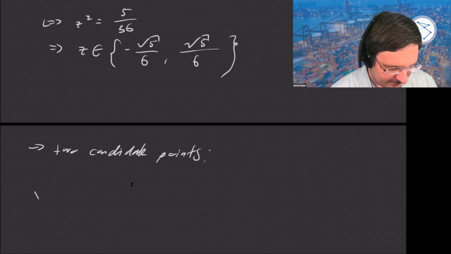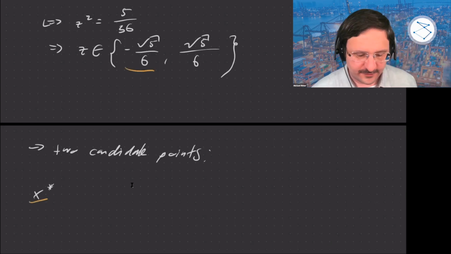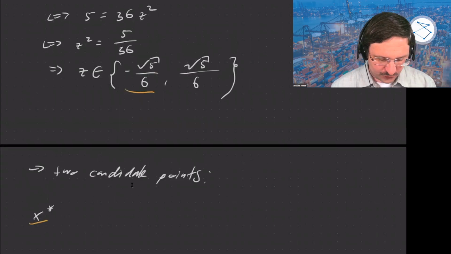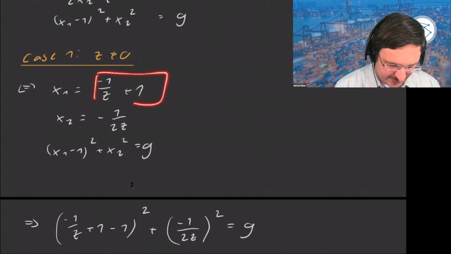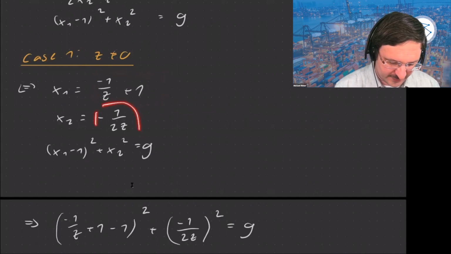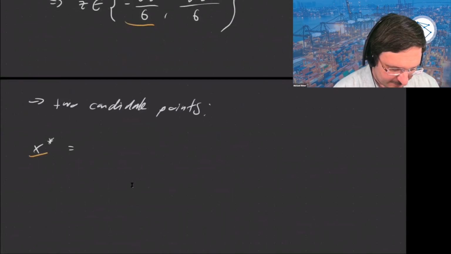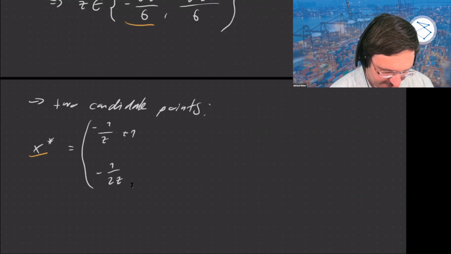Let's start with the first one. So let's call it x star. X star corresponds to this value here. Remember x1 and x2, we solved for x1 and x2 up here. x1 is minus 1 over c plus 1, x2 is minus 1 over 2c. So that's minus 1 over c plus 1 and minus 1 over 2c in both cases.